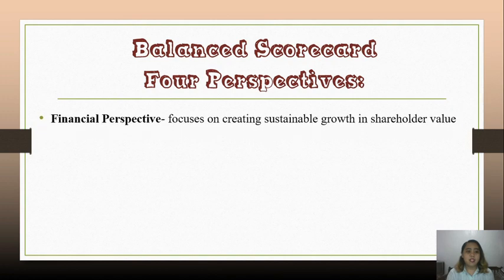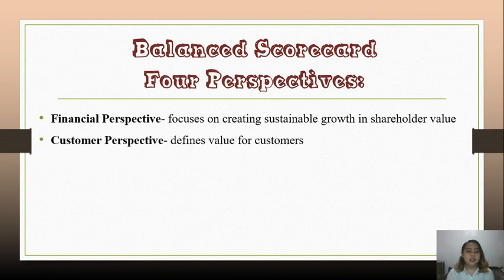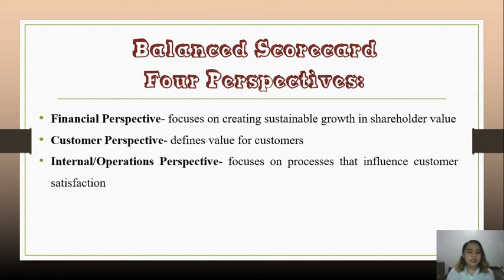First is financial perspective, which focuses on creating sustainable growth in shareholders' value. Second is customer perspective, which defines the values of the customer. Third is internal or operations perspective, which focuses on processes that influence customer satisfaction.